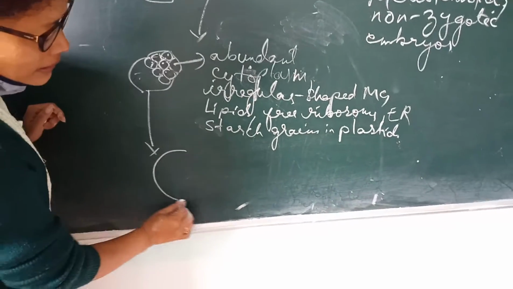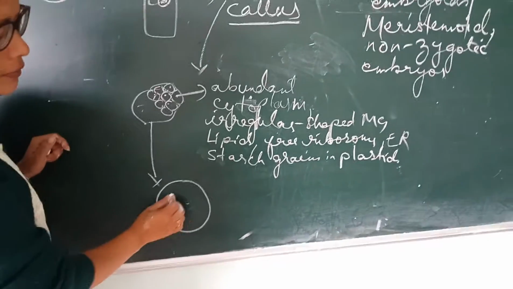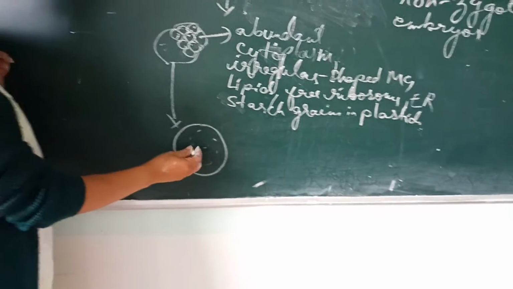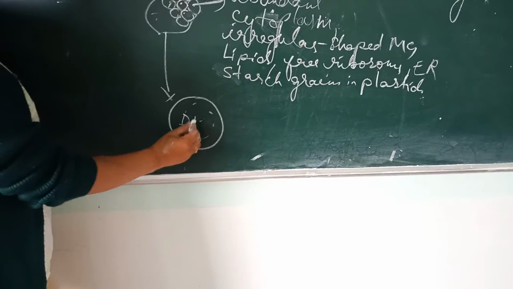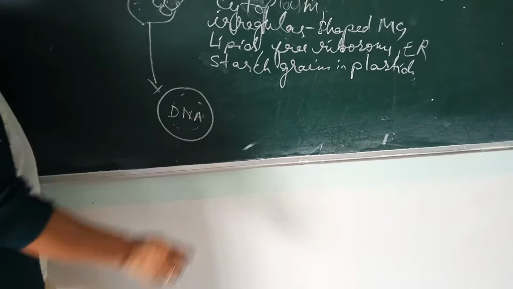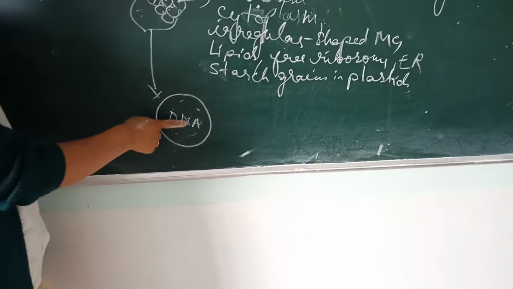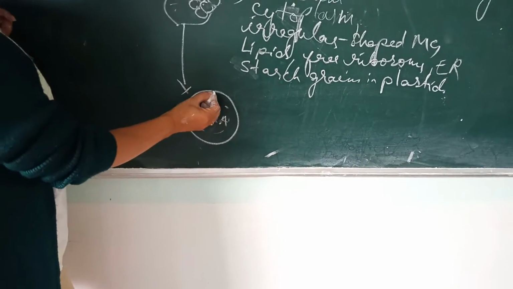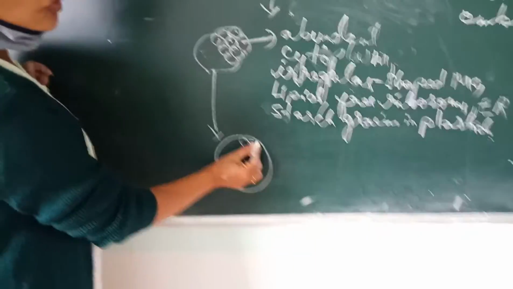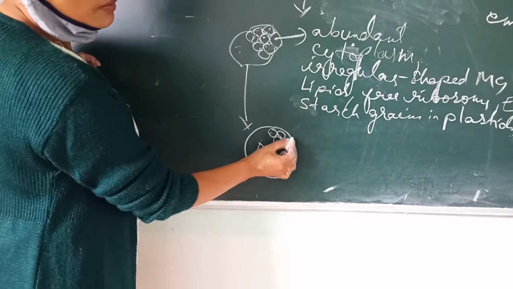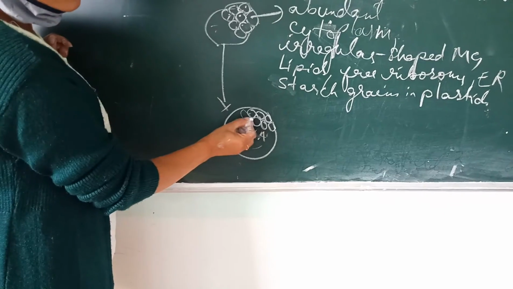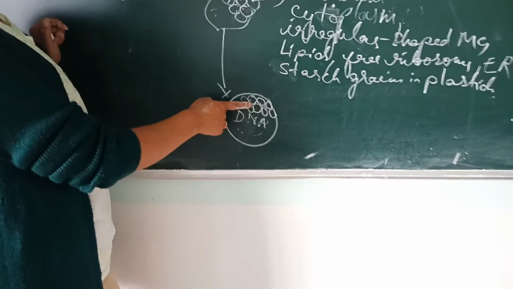Alright, then let us look at the genetic analysis of this callus. When we look at the genetic analysis of this callus, it is found that not all the DNA in this callus will be expressed. Not all the DNA in this callus will be active. Only a certain region shows intense DNA activity.